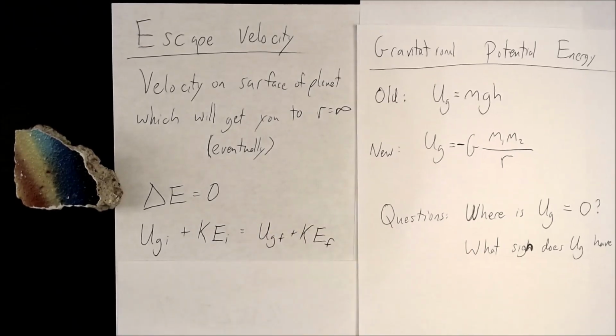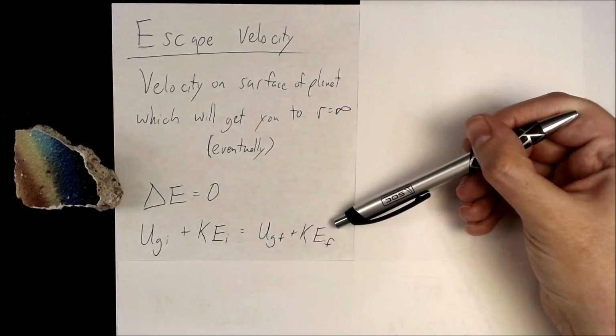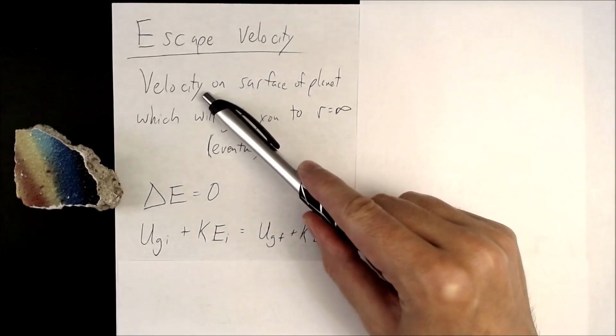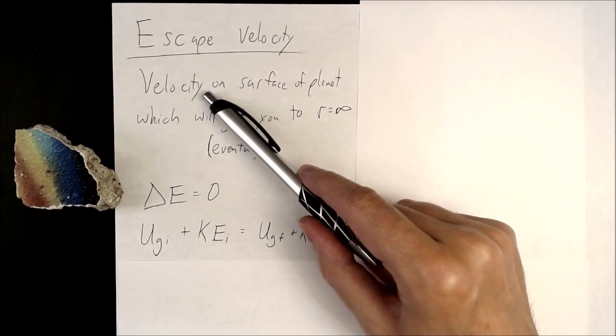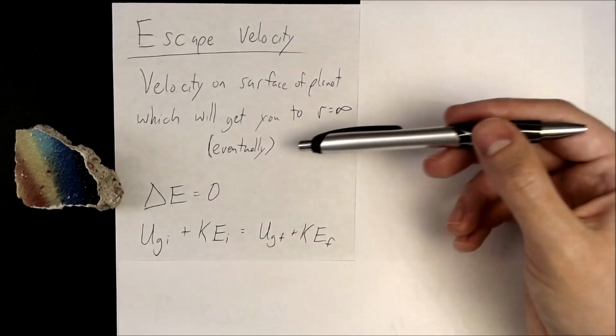Okay, what is the kinetic energy infinitely far away? Really, I should be asking what is the minimum kinetic energy infinitely far away, because this should really be read as the minimum velocity that you need on the surface of a planet to get you to r equal to infinity eventually.